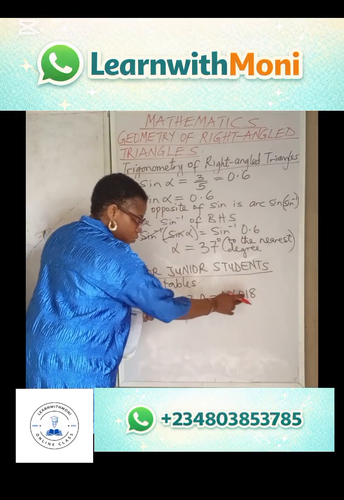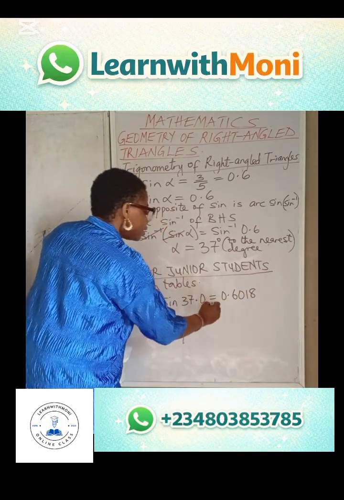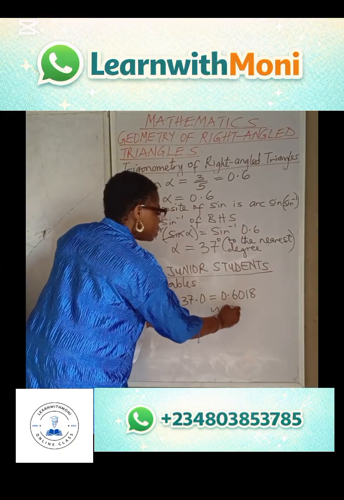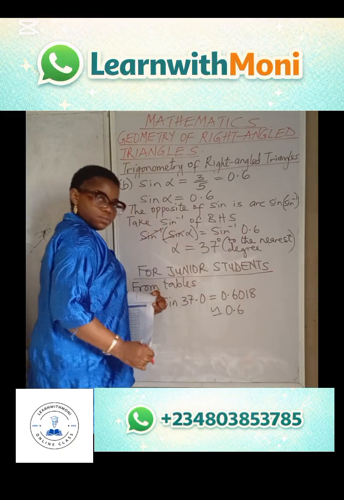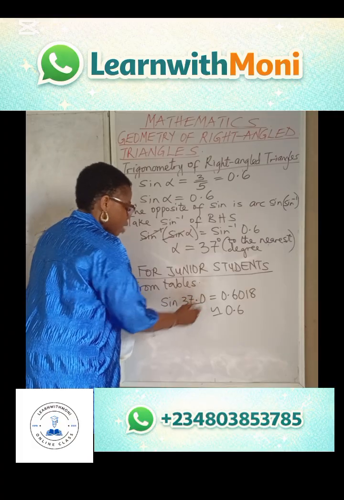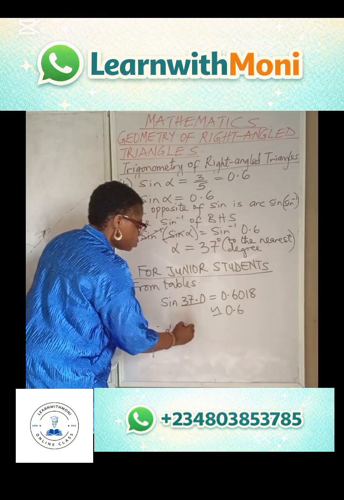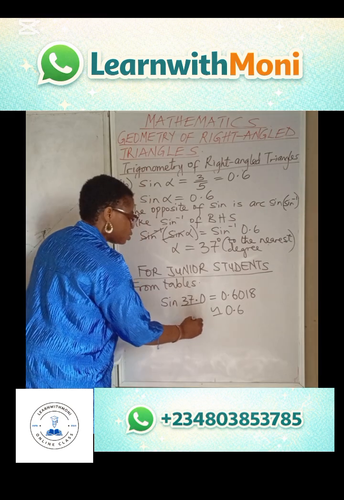And 0.6018, if I'm taking it to one decimal place, is approximately 0.6. So I'm going to take this as my alpha. That means alpha is equal to 37 degrees.